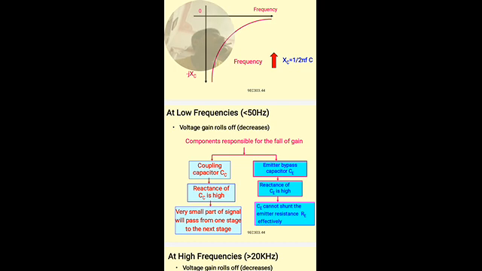Also, the emitter bypass capacitor is not effectively shunting RE, so the signal is not completely bypassed, and some voltage will fall across RE. That acts as negative feedback, so the gain decreases. These are the reasons why the gain falls in the low frequency region.